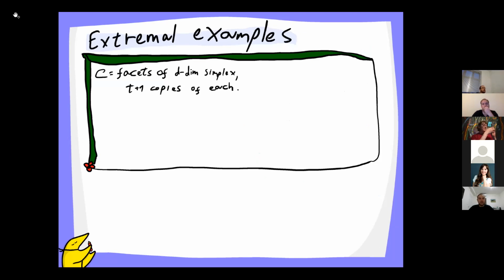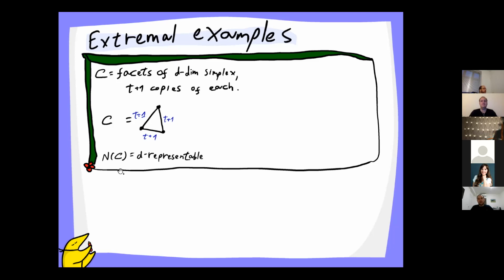Okay, so the first example is the following. We take a family of sets C consisting of t+1 copies of each facet of a d-dimensional simplex. So for example, in dimension 2, we take t+1 copies of each of the edges of a triangle.